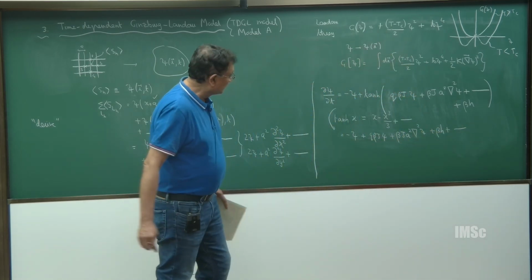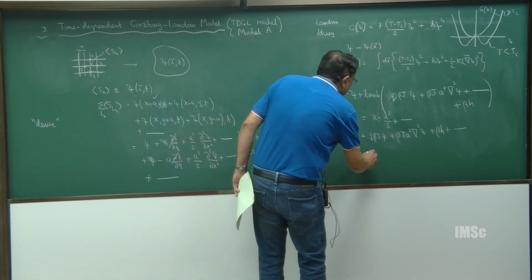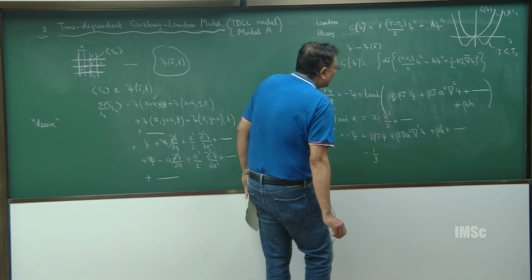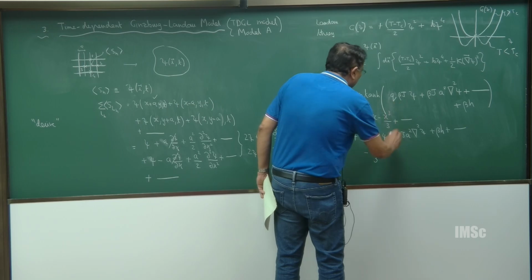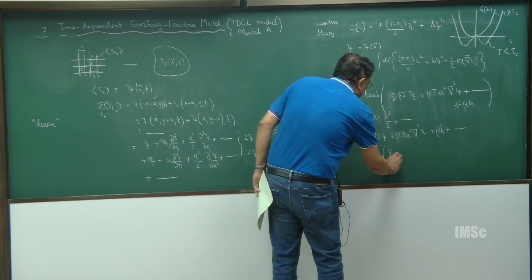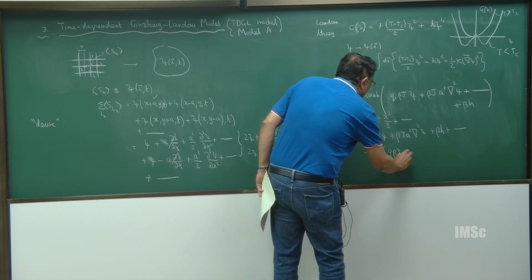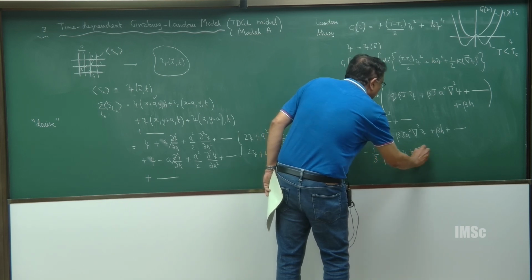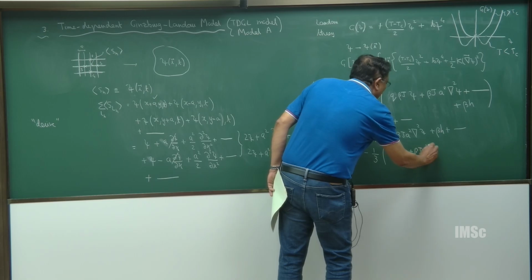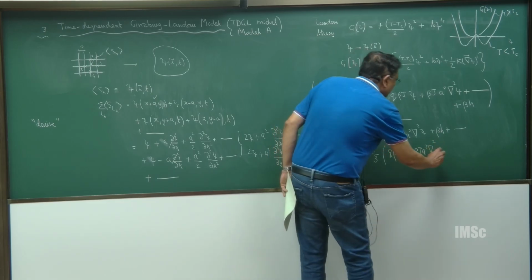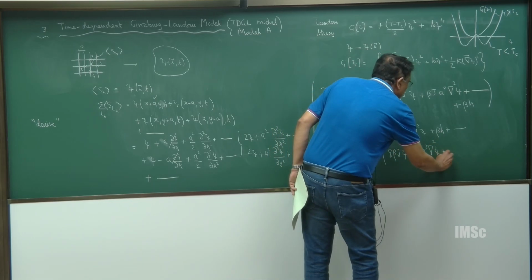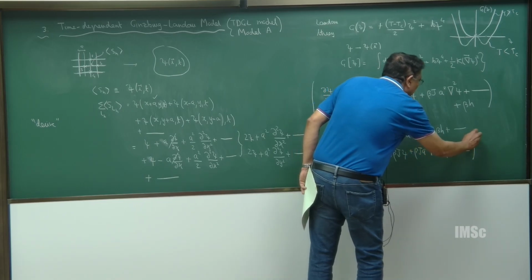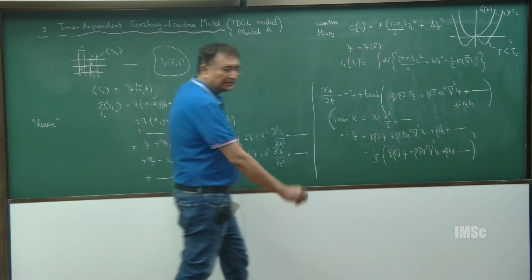And then the second term is minus 1/3 of q beta j psi plus beta j a squared grad squared psi plus beta h plus higher order terms, raised to the power 3.